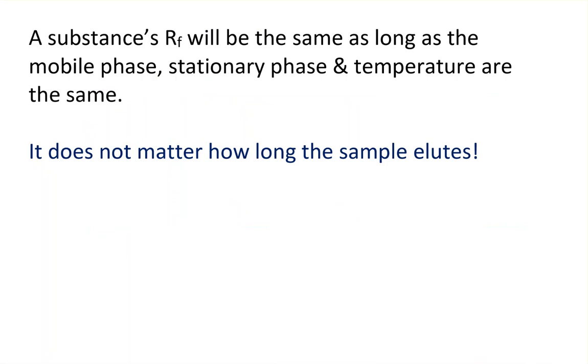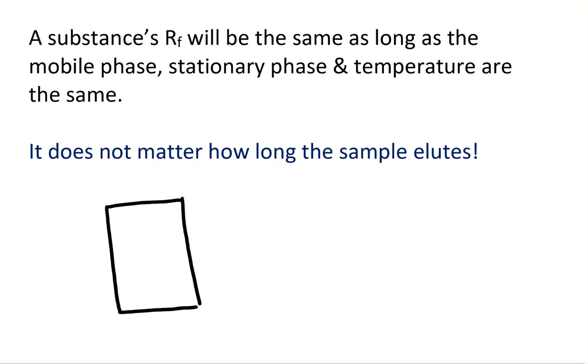So what this means, for example, is if you have a small piece of paper, and let's say you start with a spot down here, and you let it elute all the way up here, and you have a red dye and it ends up right in the middle.